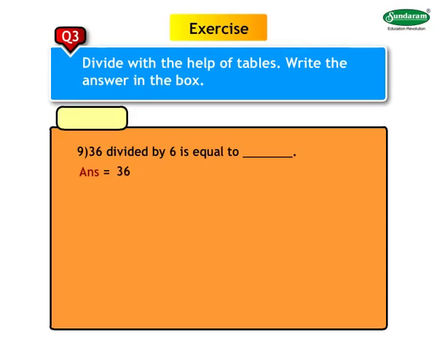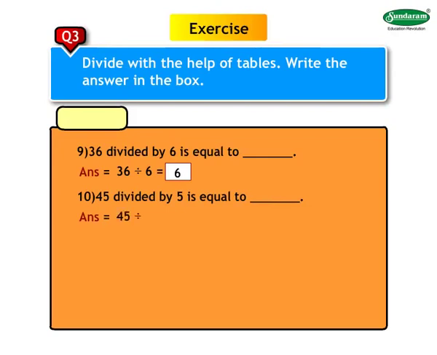Hence, 36 divided by 6 is equal to 6. 10. 45 divided by 5 is equal to dash. 5 multiplied by 9 is equal to 45. Hence, 45 divided by 5 is equal to 9.